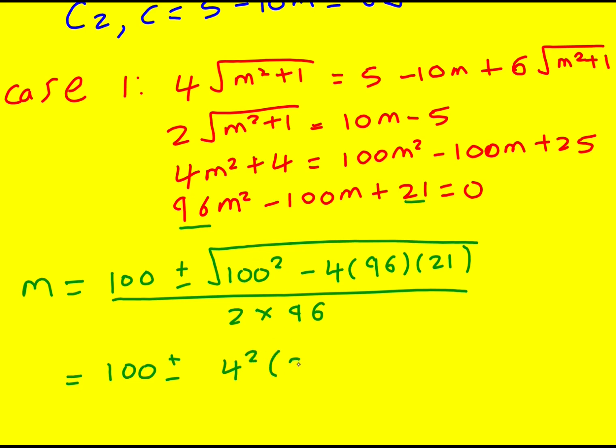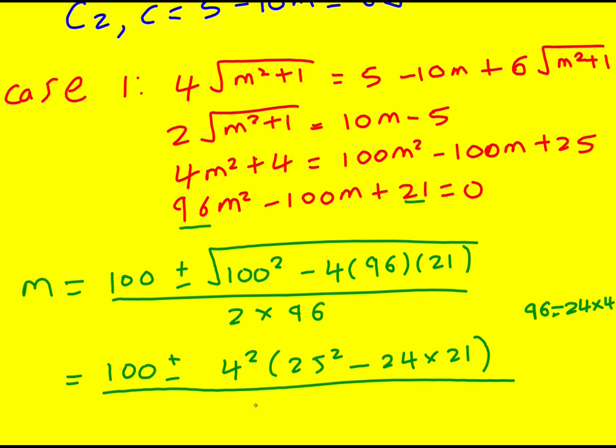In fact, it's going to be 4 squared times 25 squared. And there's a common factor of 4 squared here as well, because 96 is actually 24 times 4. So it's 25 squared minus 24 times 21. This will make life a little bit easier. And then I'm dividing by 2 times 96. I'll keep that as it is for the moment.